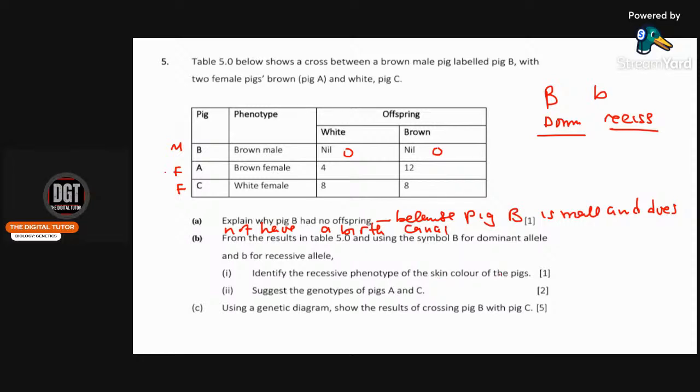What is the phenotype for the skin color for the pigs?